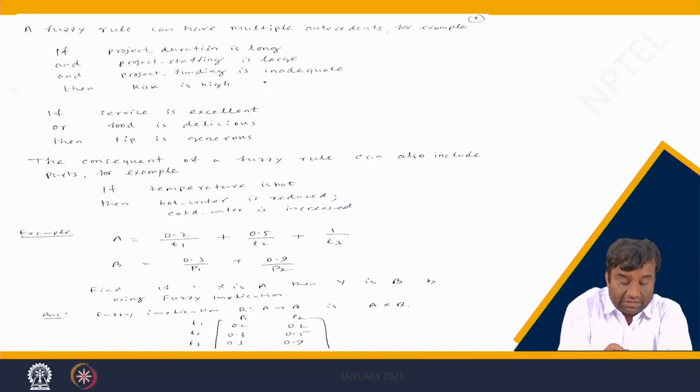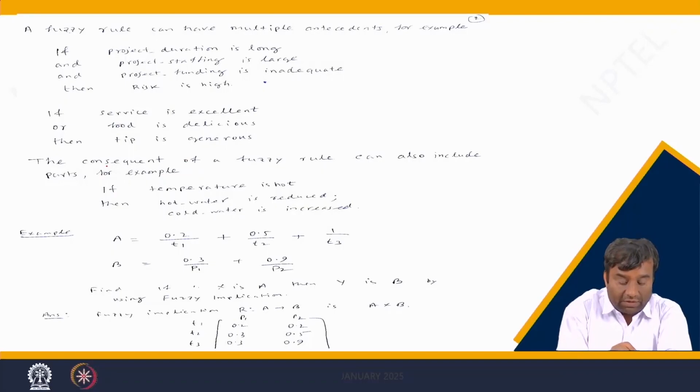These are all antecedents. Another example: if service is excellent and food is delicious, then tip is generous. That is more than one antecedent.